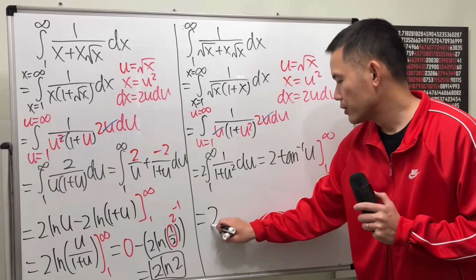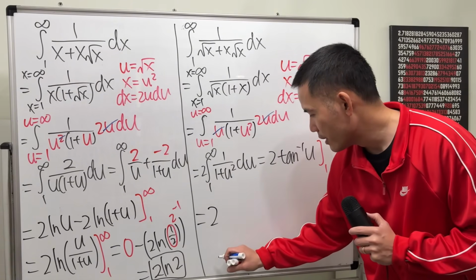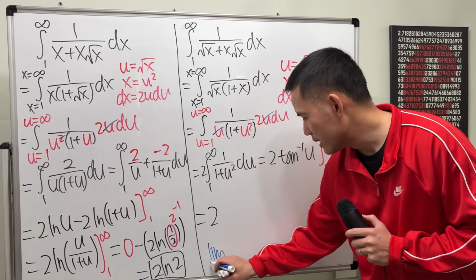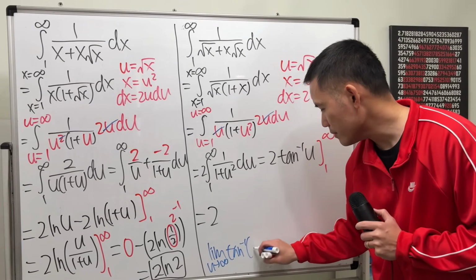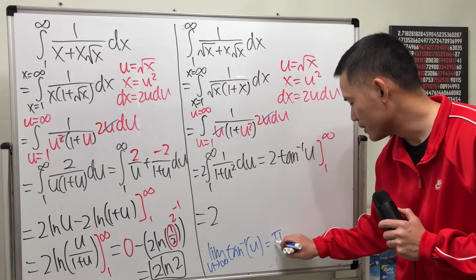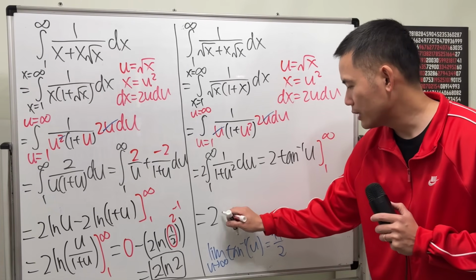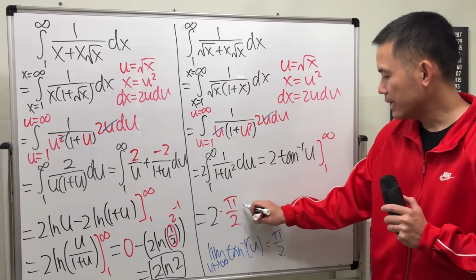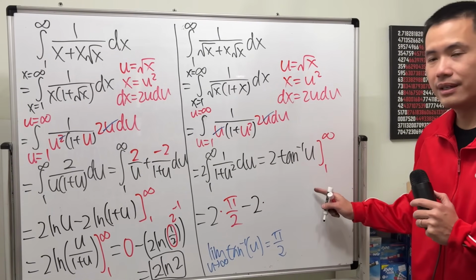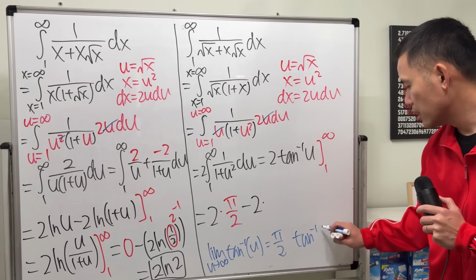Okay, 2 times inverse tangent of infinity. Let me just make a note here. When we have the limit as u going to infinity of inverse tangent, we get pi over 2. Alright, so the first part will give us 2 times pi over 2. And then minus, still have the 2. Plugging 1 in here, inverse tangent of 1.